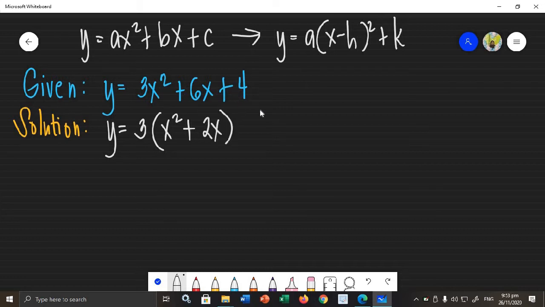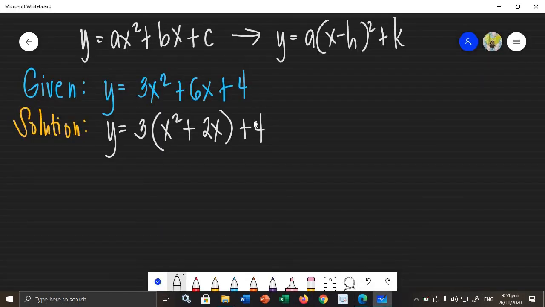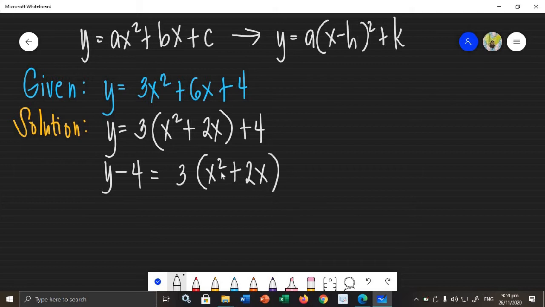And then, we have plus 4 here. And then next is we need to transpose the constant term beside y. So we need to transpose positive 4 beside y. So y, positive 4 will become negative. So minus 4 is equal to 3 quantity x squared plus 2x.